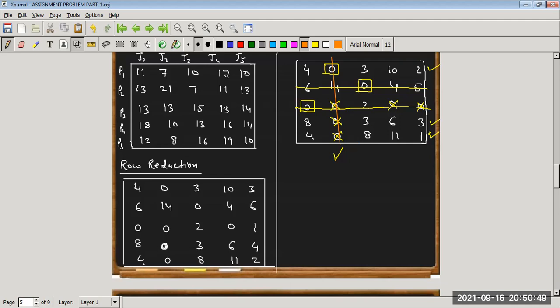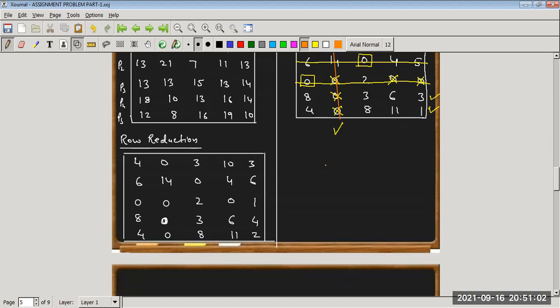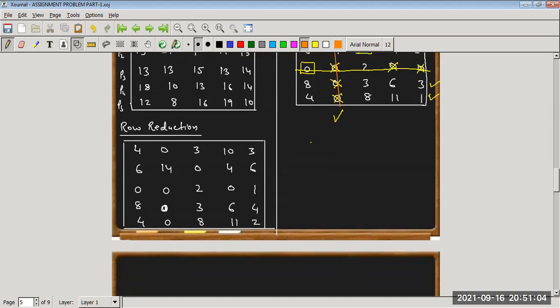So you have to keep these 2 things in mind. One, the number of assignments and the number of lines are equal. Second, all the zeros are covered by the lines.